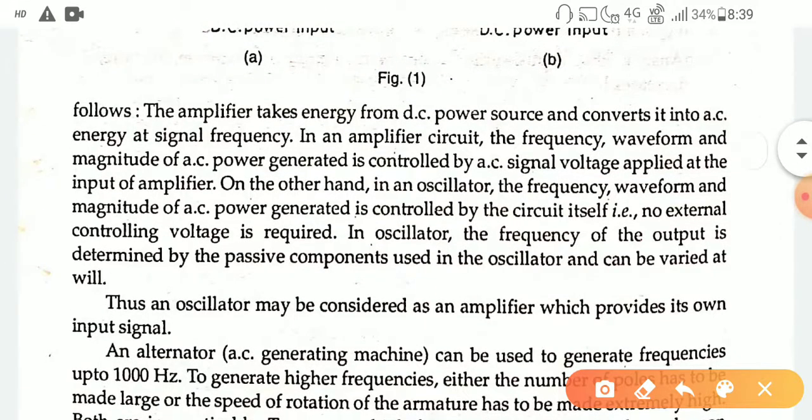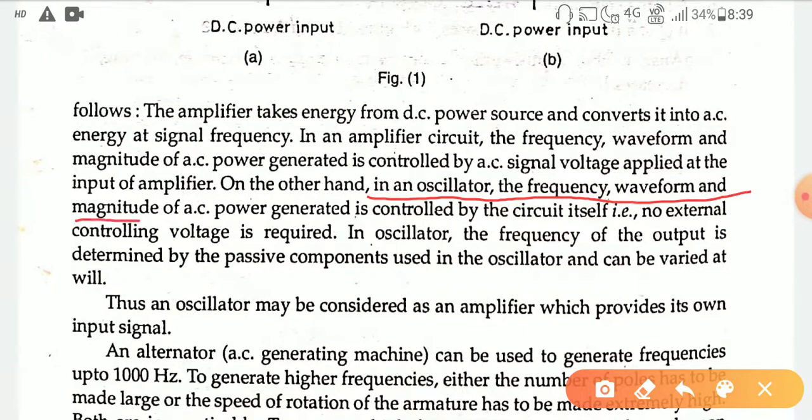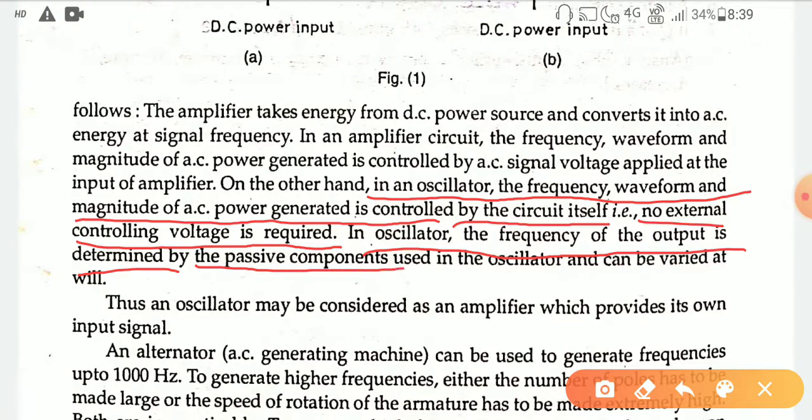On the other hand, in an oscillator, the frequency, waveform, and the magnitude of the AC power generated is controlled by the circuit itself. That is, it is built in internally. No external controlling voltage is required. In an oscillator, the frequency of the output is determined by the passive components used in the circuit and can be varied at will.